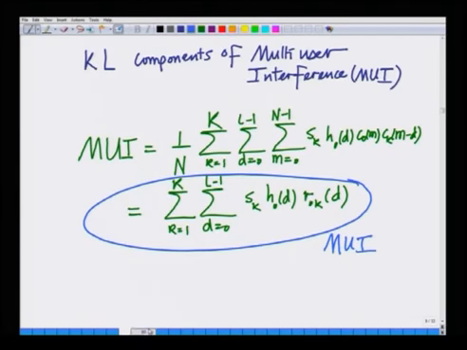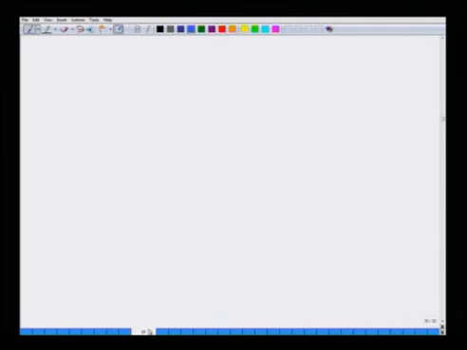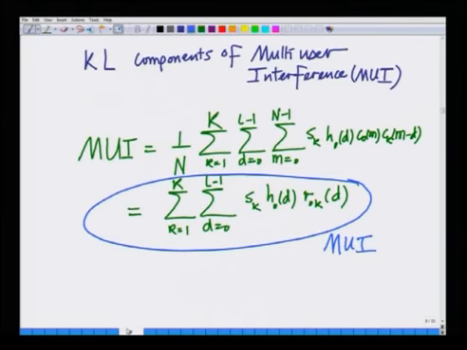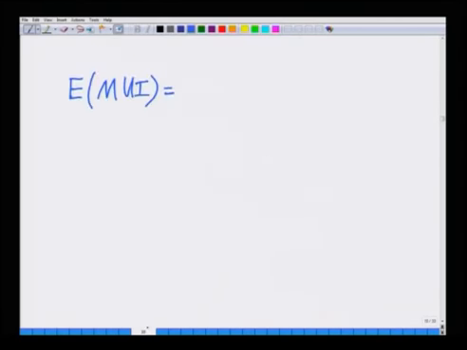As we did previously, again let us compute the expected value of this multi user interference. It is very simple, it is the sum of the expected values of each component, but each component has R 0 k d, and the expected value of each of these is 0. So, the net expected value is again 0, that is the mean is 0.